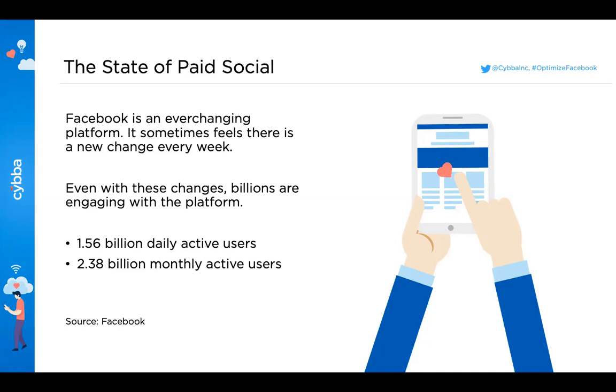So we know it's really woven into everyone's lives. But of the people that are on social media, 1.56 billion are daily active Facebook users, 2.38 billion are active monthly users. So clearly, we need to be engaged where our clients are.